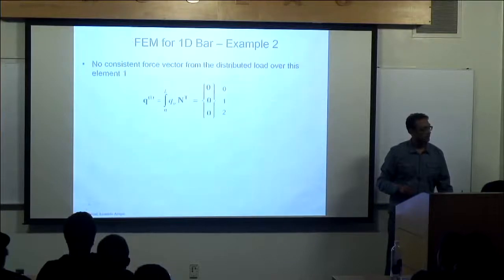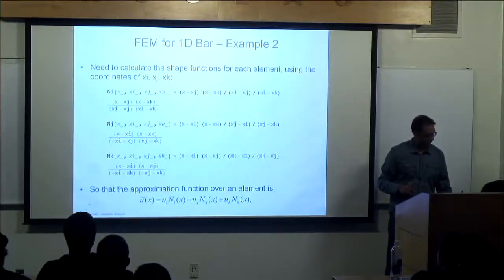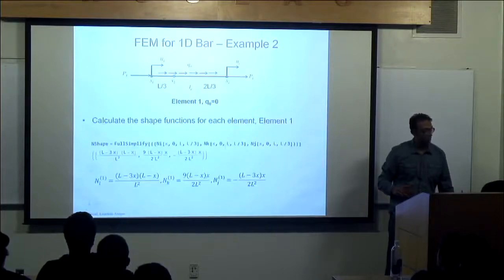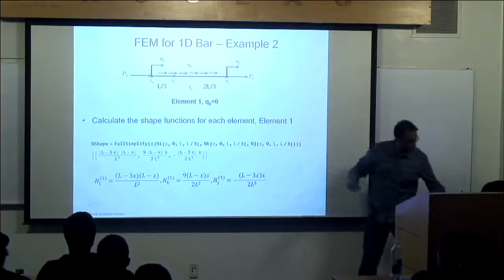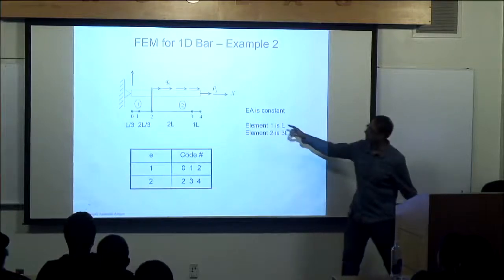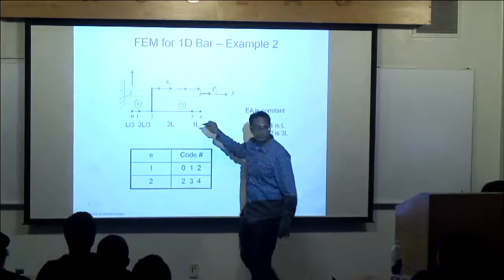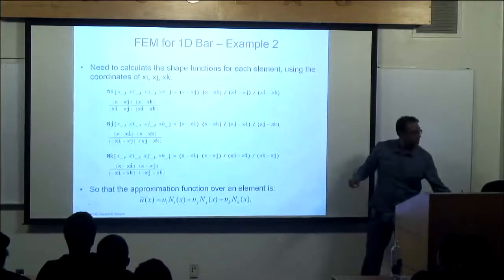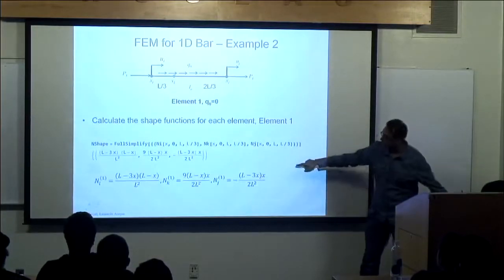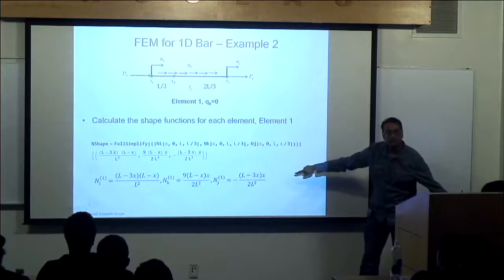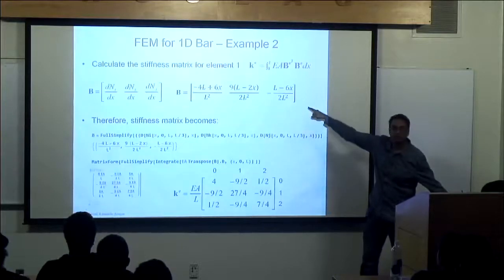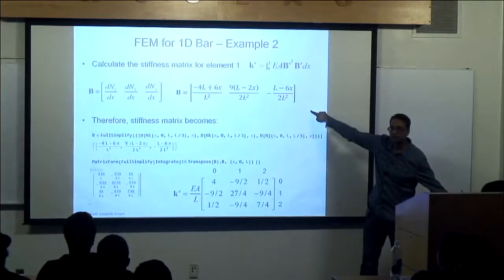Okay? And the example was a bar problem. And if you see here, the shape function for element 1 for the problem that had to do with this. This is the problem. 2 elements, different sizes. If you saw this problem, the shape function was different for each element. You can see that here. And not only that, the derivative is different, but I have to calculate it each time.